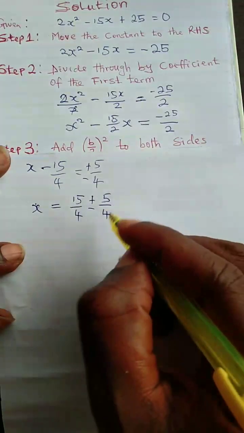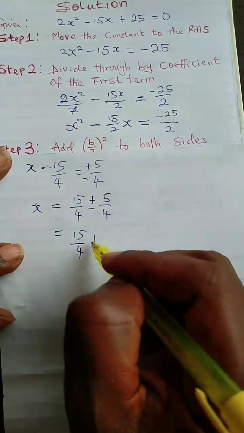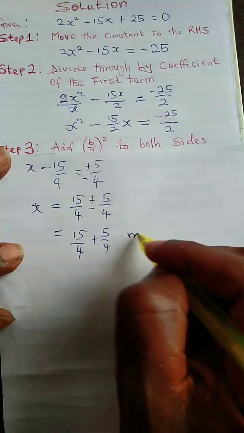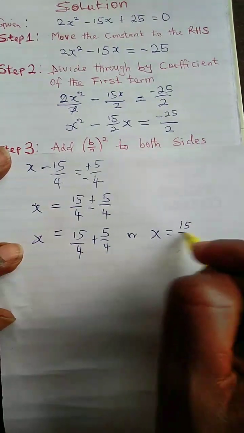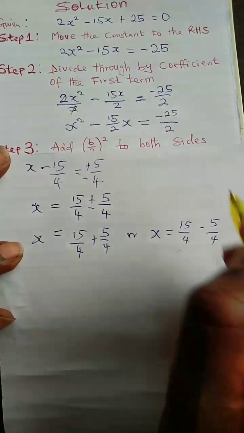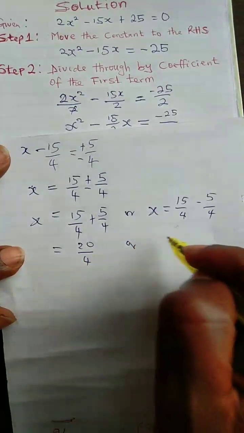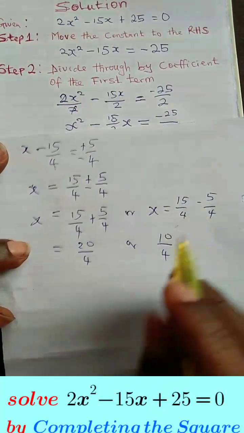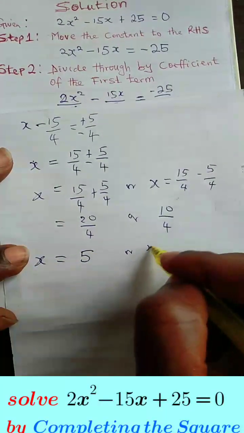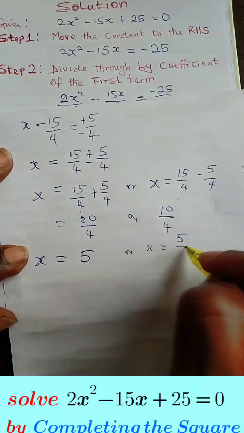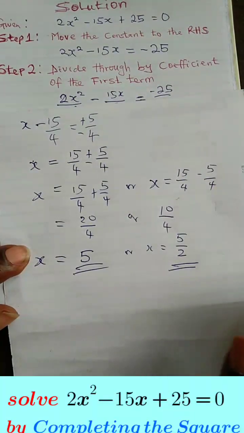So one value of x is 15 over 4 plus 5 over 4, and the second one is 15 over 4 minus 5 over 4. So I'm having 20 over 4, or 10 over 4. So my answer is x is equal to 5, or x is equal to 5 over 2. So these are the two values of x.